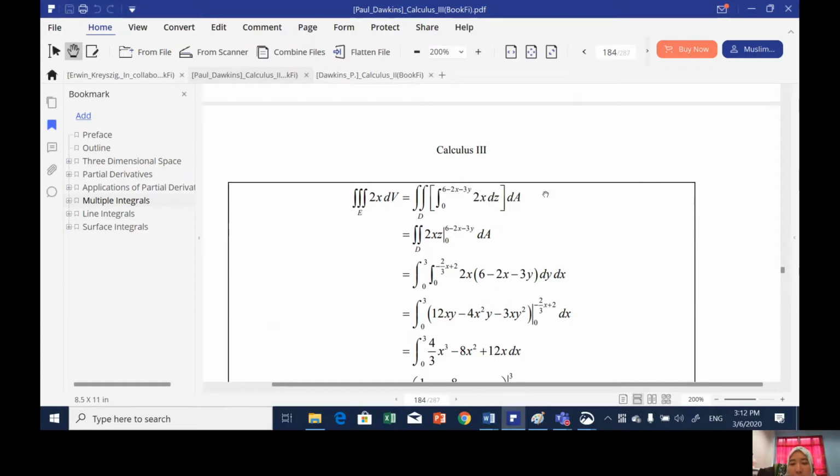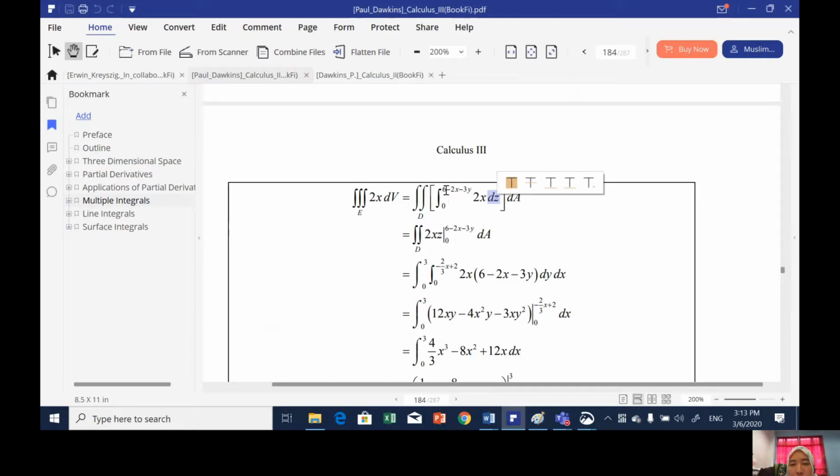The other ones, dy dx or dx dy, will be the outer ones. We will decide later whether to use dy dx or dx dy based on the limit. If there is a fixed limit, then the variable containing the fixed limit should be the outer one, not the inner one.